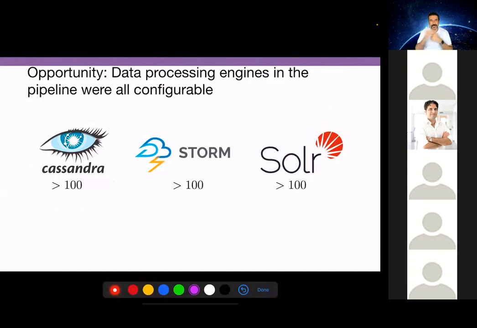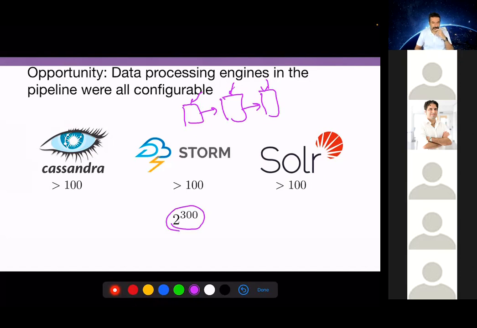Even if we imagine that we have 100 options for each of these systems, and if these options are only binary, given the way we structured the system in a pipeline, a kind of linear structure, we know that any change would be interacting with the other components, right? So as a result, based on this typical architecture, we would have this amount of possible configurations for the system, even with this simplistic assumption that these options are just binary.